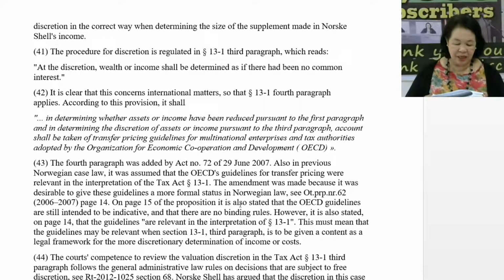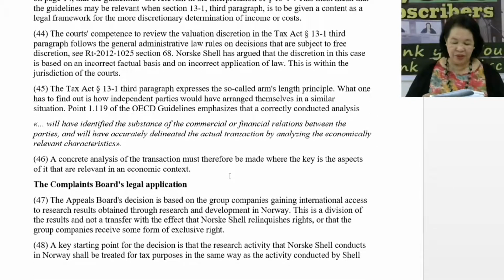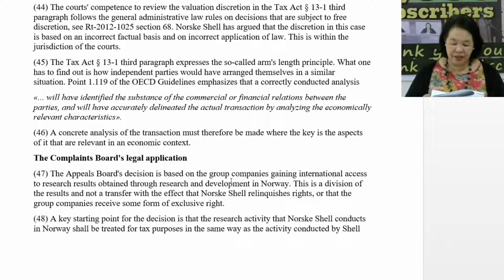This must mean that the guidelines may be relevant when Section 13-1, third paragraph, is to be given a content as a legal framework for the more discretionary determination of income or cost. Okay. So the court's competence to review the valuation discretion in the Tax Act 13-1, third paragraph, follows the general administrative law rules on decisions that are subject to free discretion.